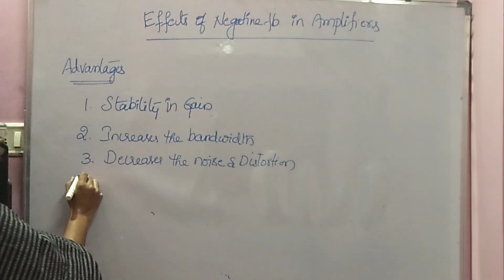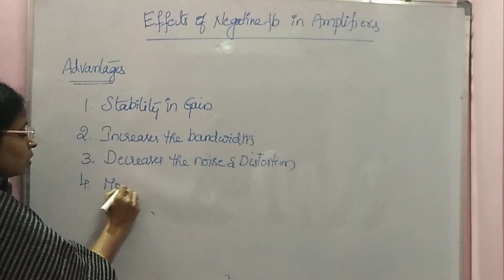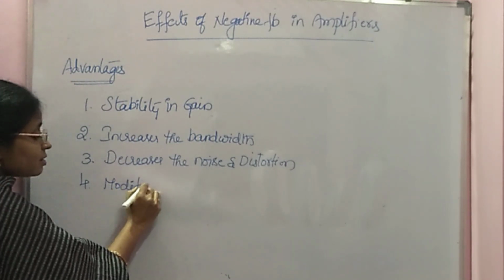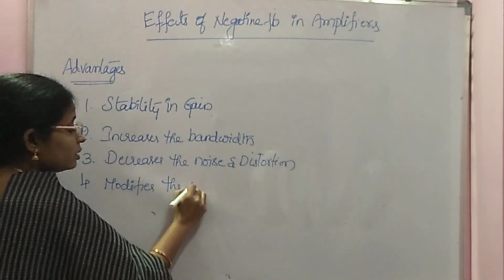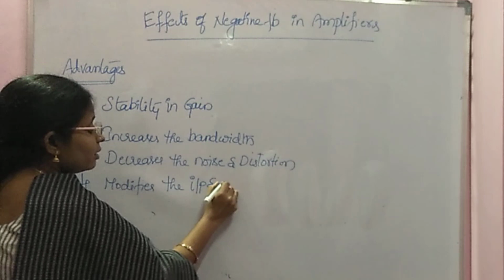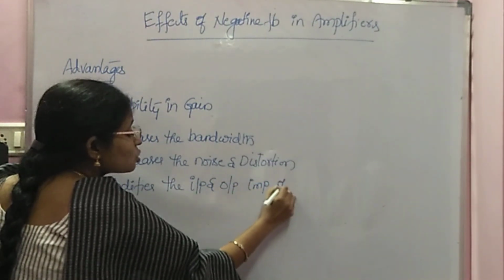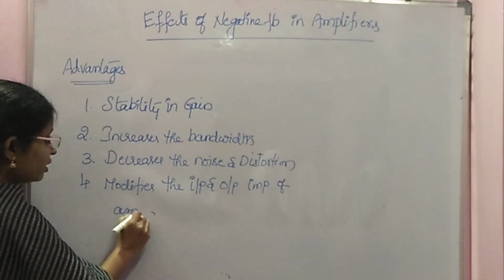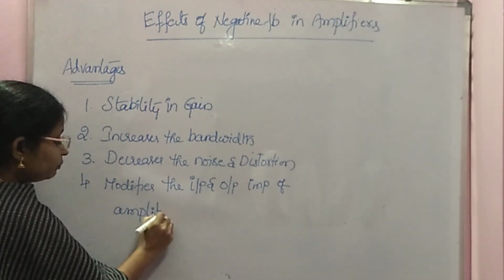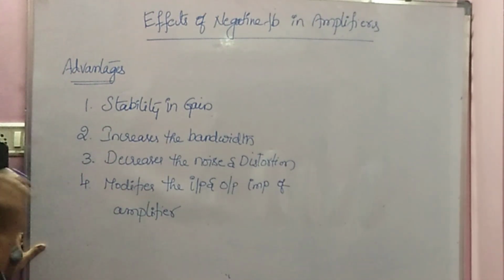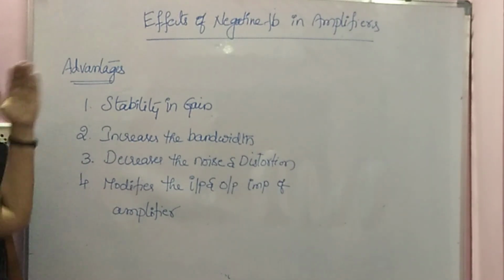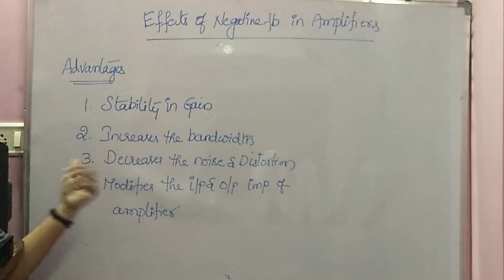The fourth point is that it modifies the input and output impedances of the amplifier according to our requirement. So these are the main advantages of negative feedback.